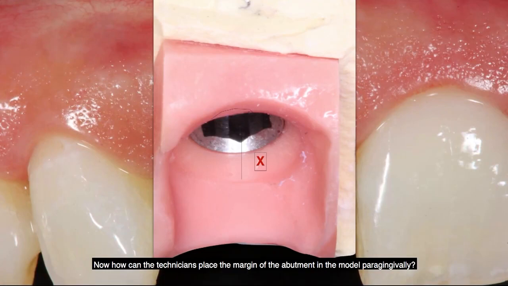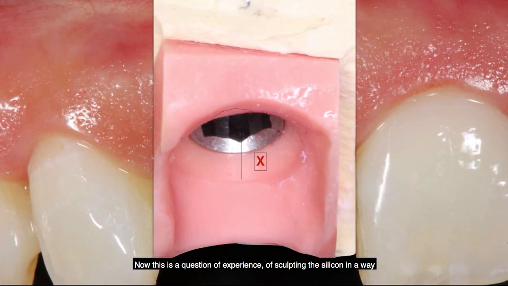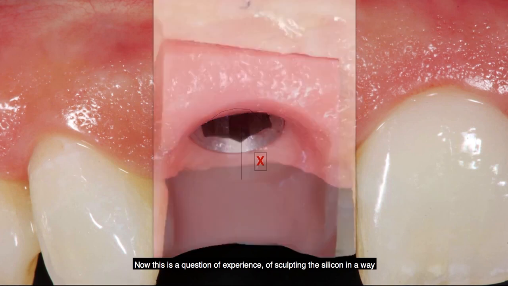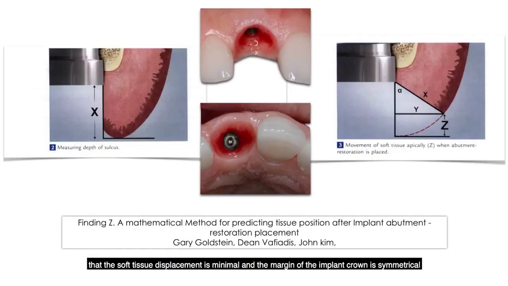Now, how can the technician place the margin of the abutment in the model paragingivally? That is a question of experience, of sculpting the silicone in a way that the soft tissue displacement is minimum and the margin of the implant crown is symmetrical to the natural margin.